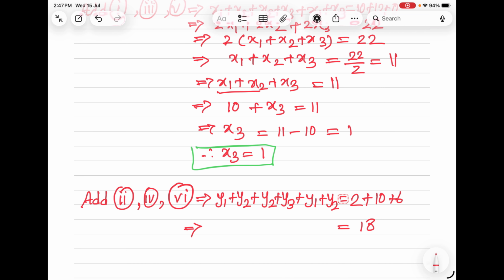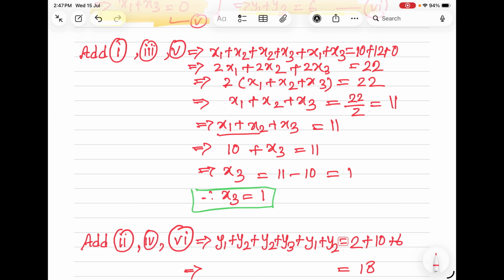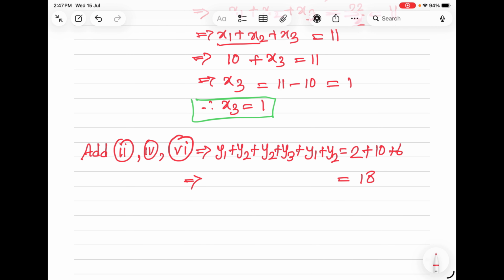So in a similar way, here we have solved the x1 part. Same way we can solve it. y1 plus y1, 2y1, y2 plus y2, 2y2, y3 plus y3, 2y3.